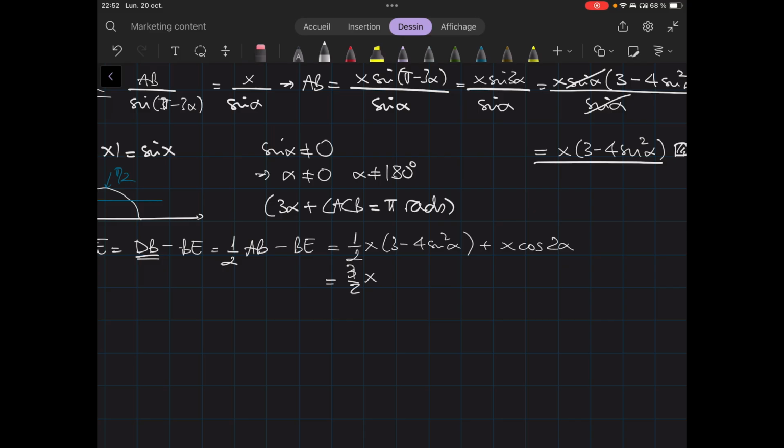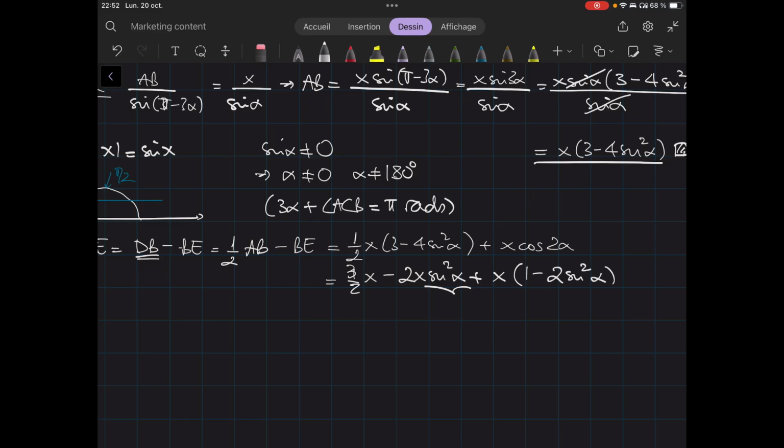Let's expand and simplify to see if we can simplify anything. We want to get rid of alpha. So the most rational expression we can use is 1 minus 2 sine squared alpha.